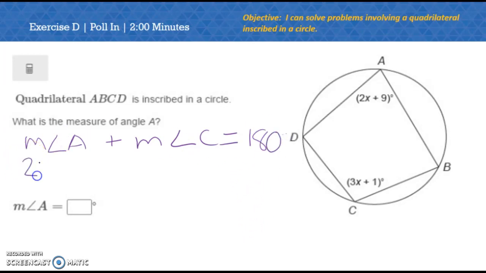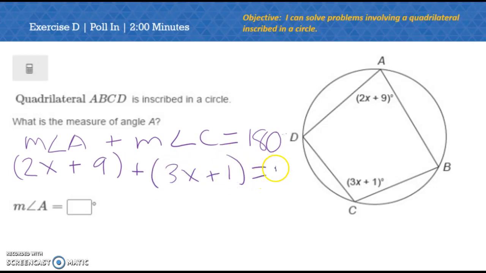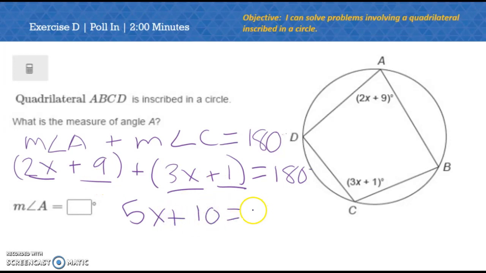So 2x plus 9 plus angle C is 3x plus 1 equals 180 degrees. Now we can combine like terms. In these parentheses here, 2x plus 3x will give us 5x. 9 plus 1 gives us 10. That's equal to 180 degrees.